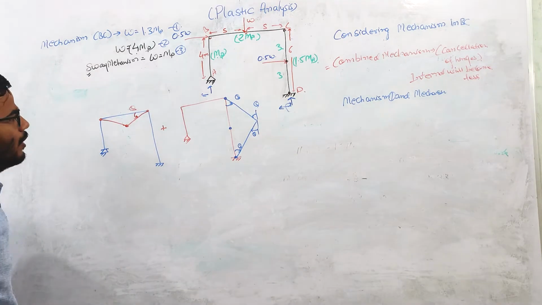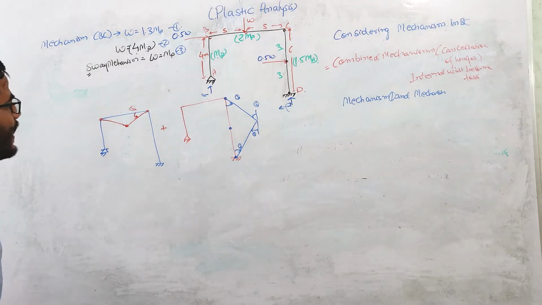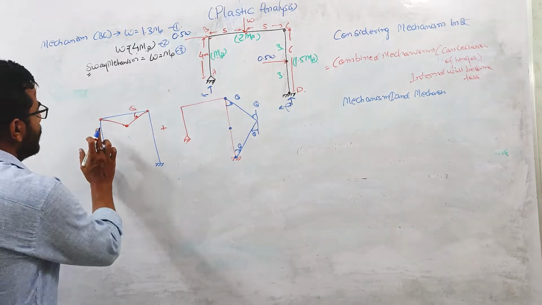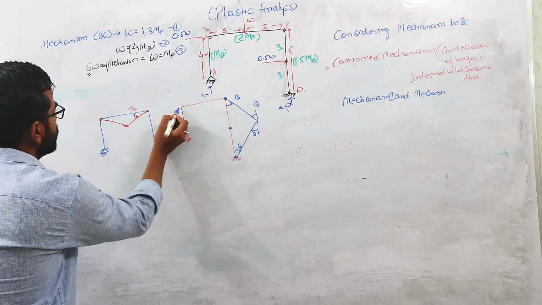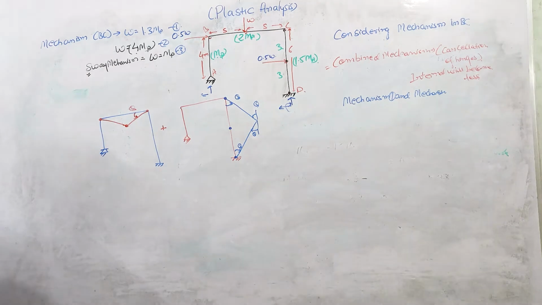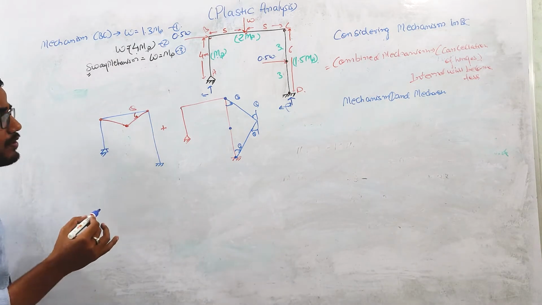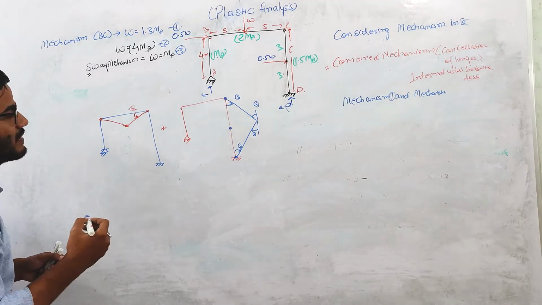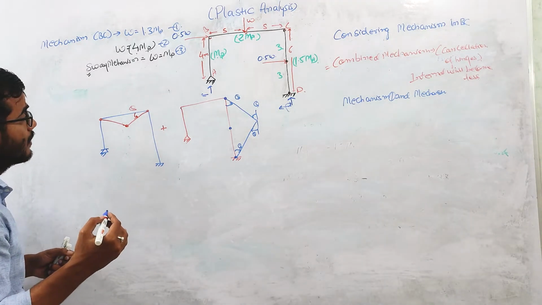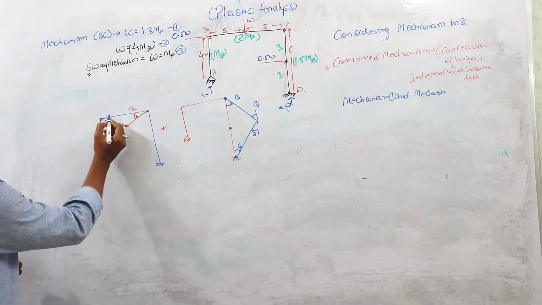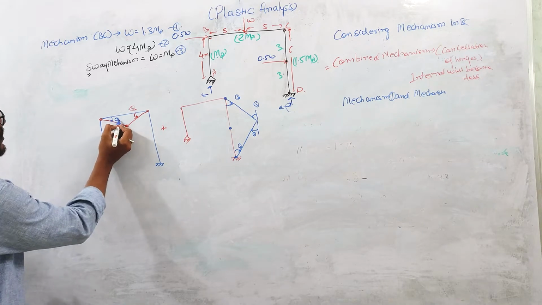Now if you see these 2 points, plastic hinge will form here, because the two members are rotating, because there is a net rotation in the member which is less than 90 degree, right? Here the rotation is theta in this direction.